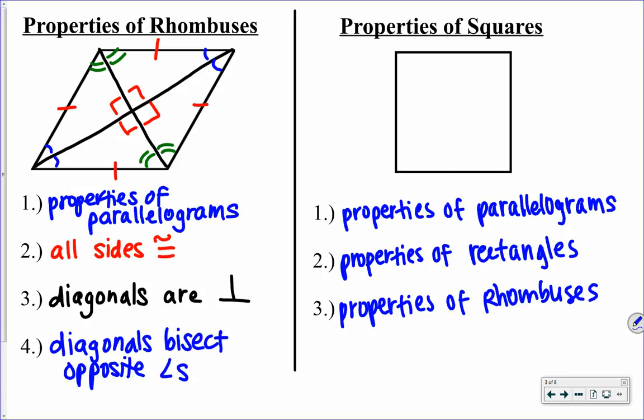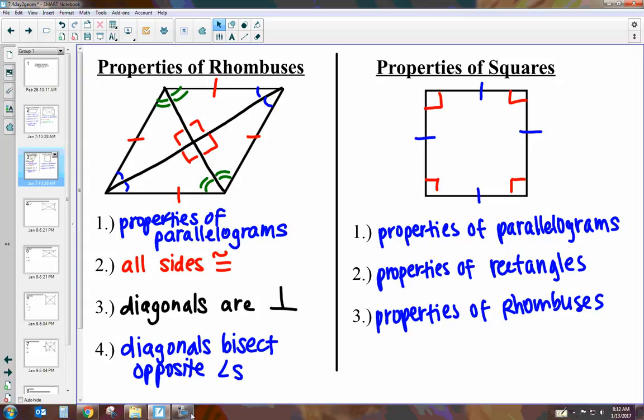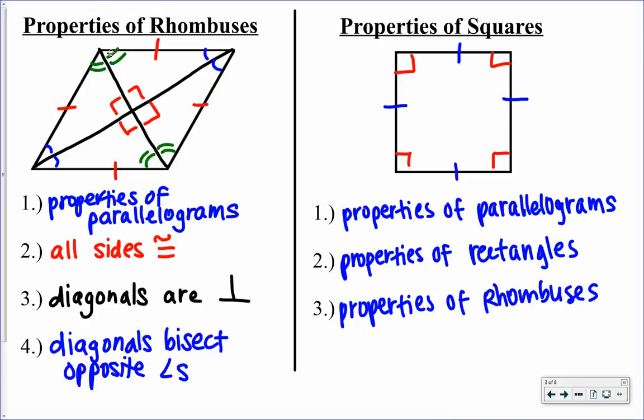So you have your right angles, you have congruent sides, your diagonals are also congruent.